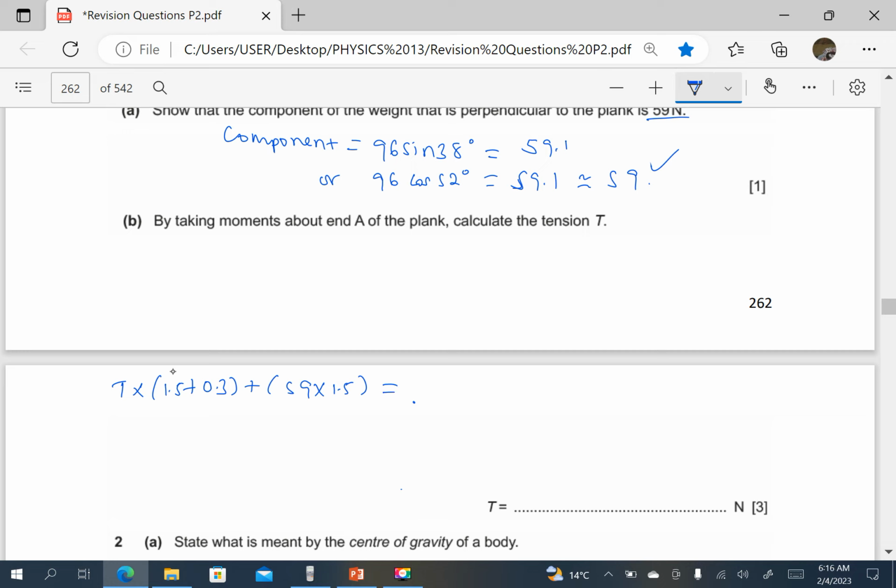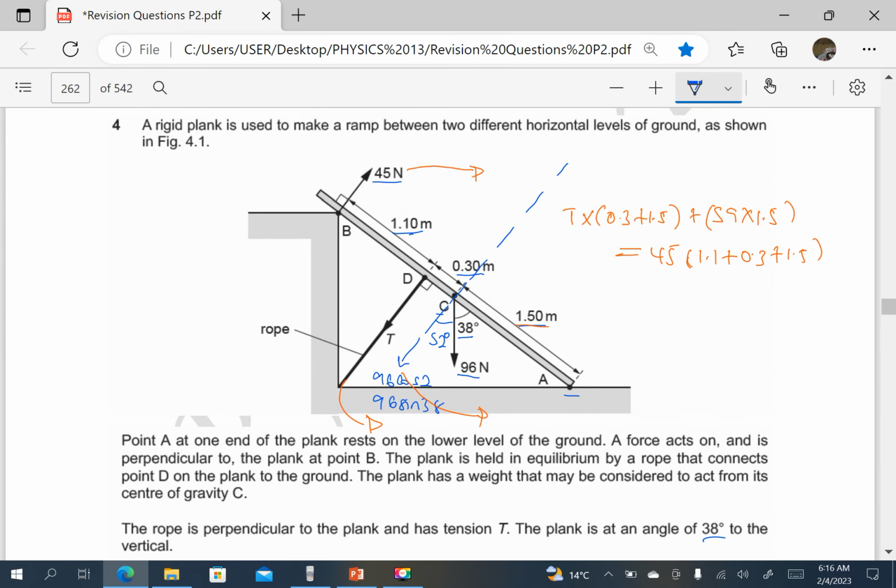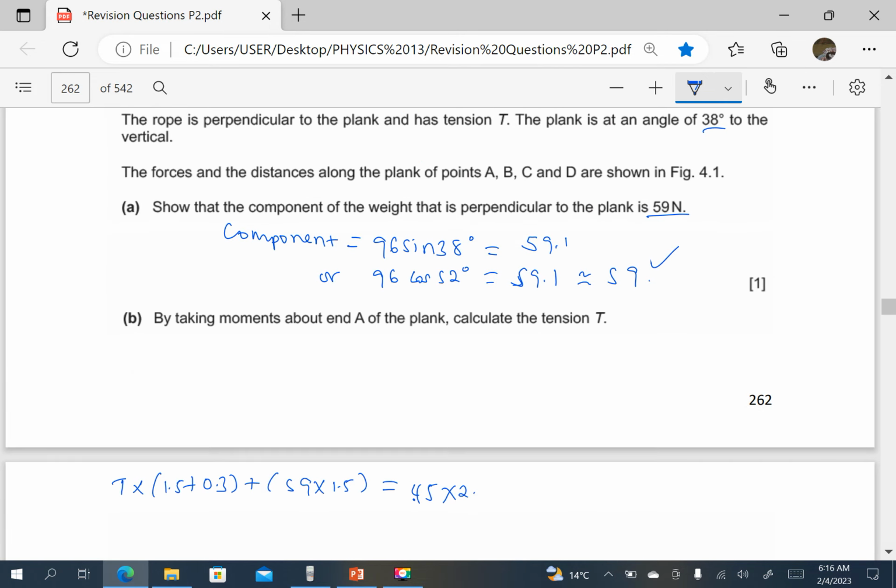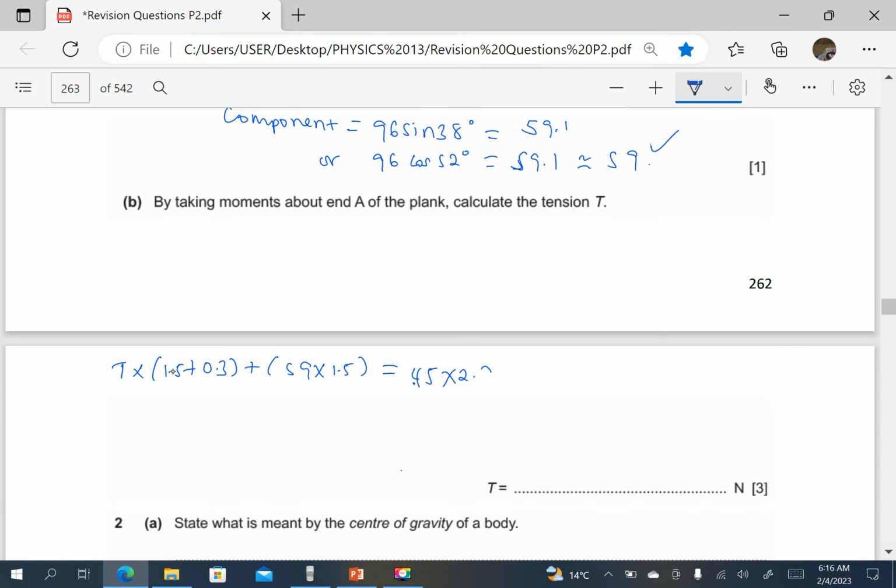This was equal to the sum of the other moment, which is 45 times 2.9. This is 1.1, that is 1.4, that is 2.9. So this is times 2.9.